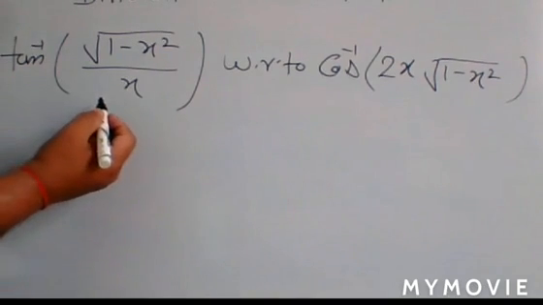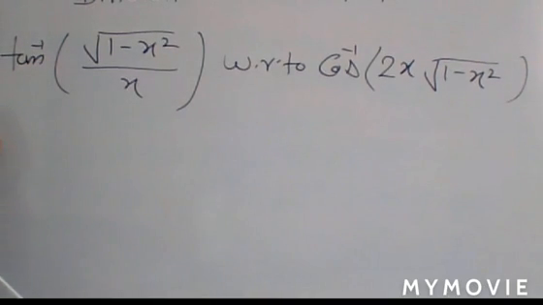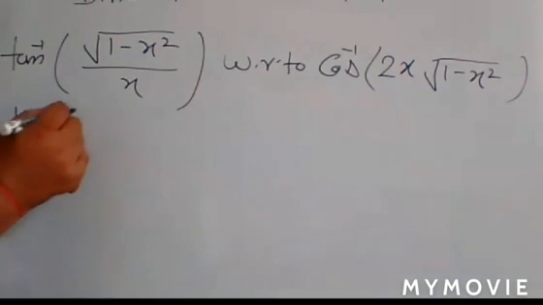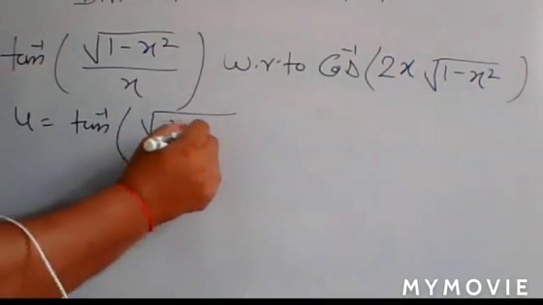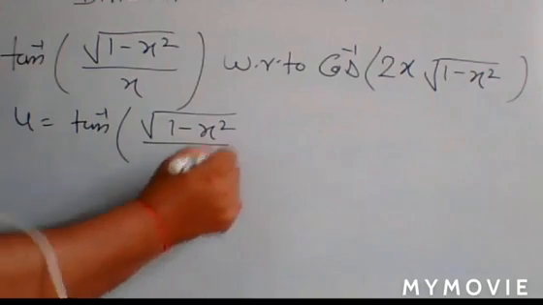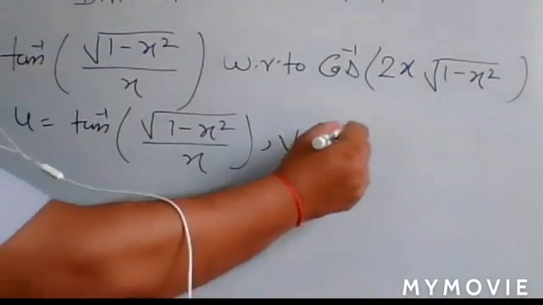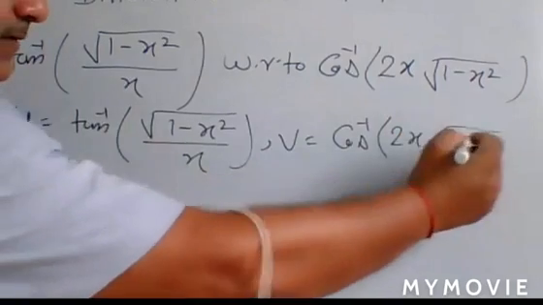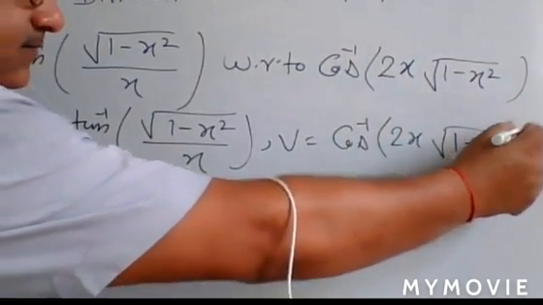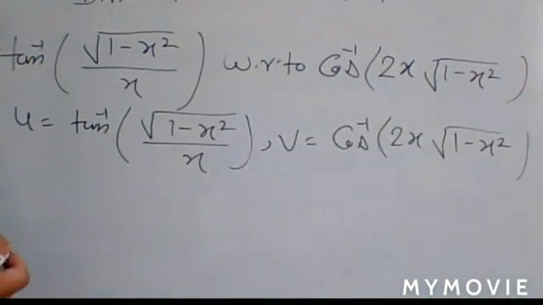So here you assume the first function as u. Let u is equal to tan inverse under root 1 minus x square divided by x, and v is equal to cos inverse 2x under root 1 minus x square. Here you assume your functions in this way.